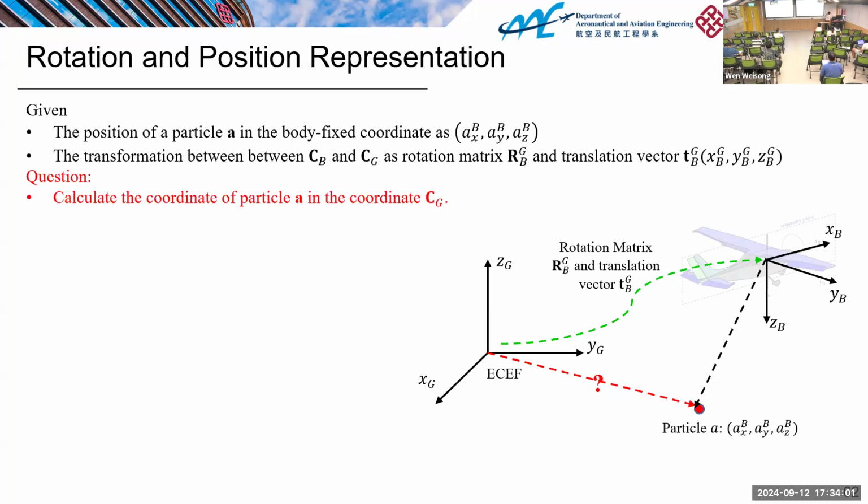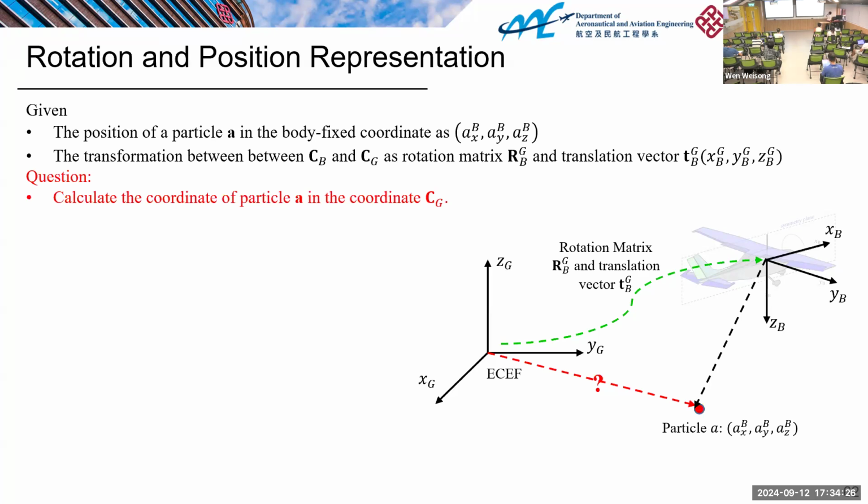The second given is the transformation between the CB and the CG coordinates, as the rotation matrix R GB and the translation vector X. So from this matrix to this matrix, it also includes the translation.